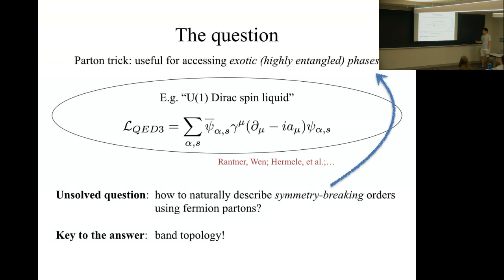It turns out there's a reason why this question wasn't completely understood back in the 90s, because that's before the era of topological insulators. It turns out the answer lies in the story of SPT, or symmetry protected topological phases, and that's the story I want to tell you today.